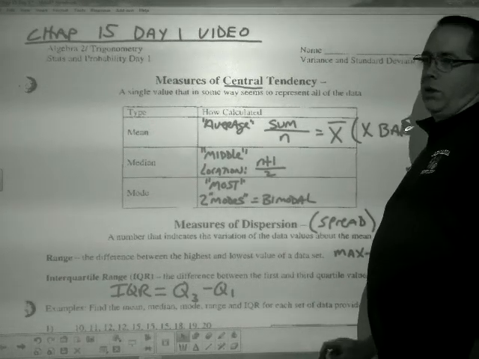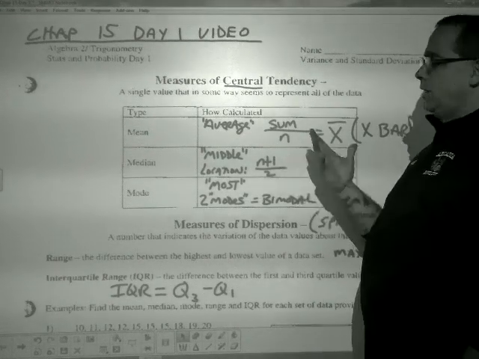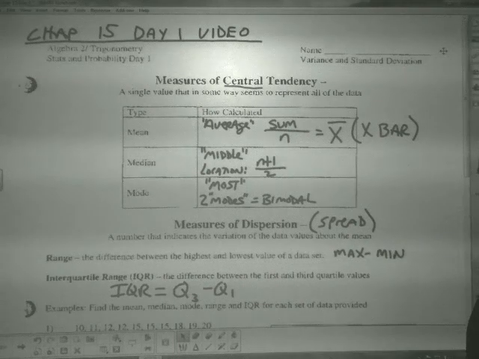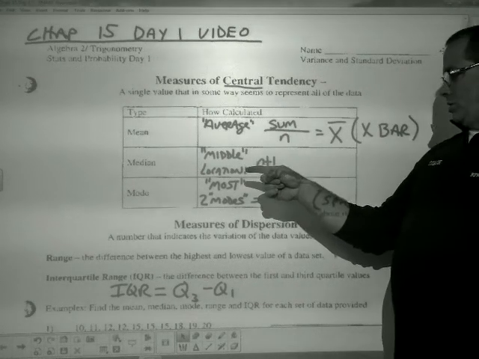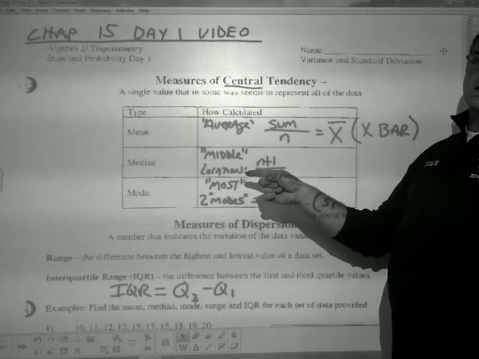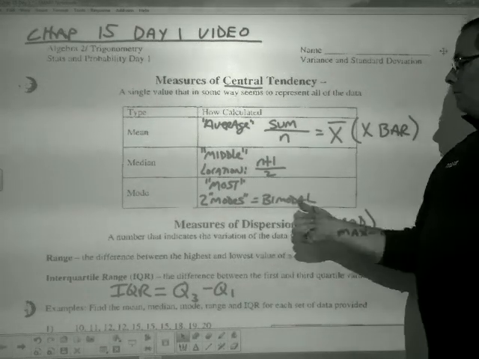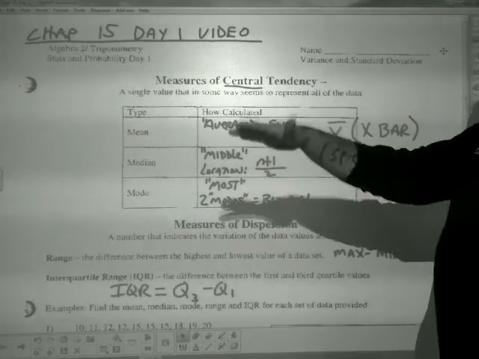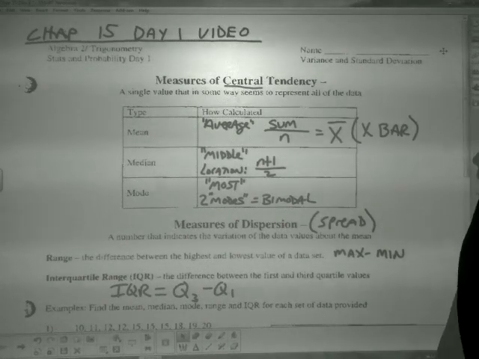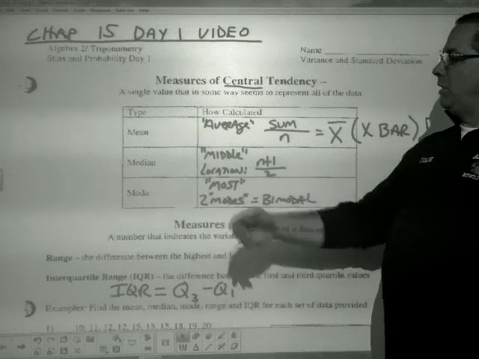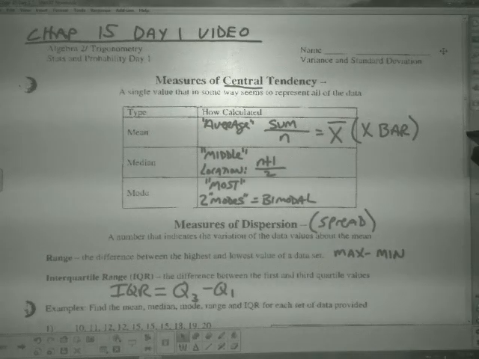It doesn't tell you what the number is, it tells you where it's located, then you can go find it. The mode is the most frequent number. If there are 2 modes, then we call that bimodal, if it had 2 distinctive peaks in the graph. So I know you guys have talked about mean, median, mode before, so we're going to move on here.